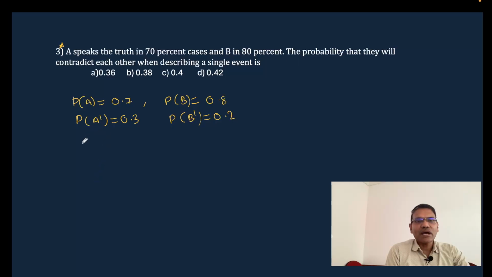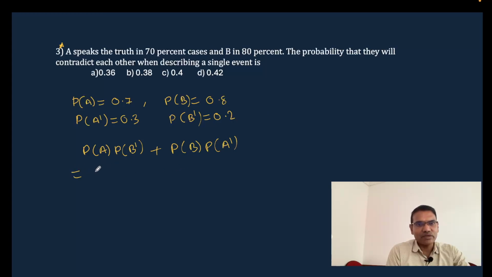Now they contradict each other means while A speaks the truth, B does not speak the truth, that means P of B dash. While B speaks the truth, A does not speak the truth. So this is called contradicting each other.